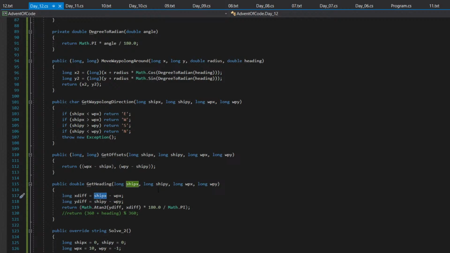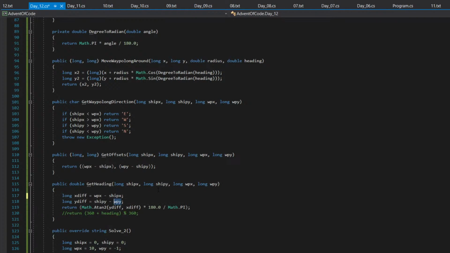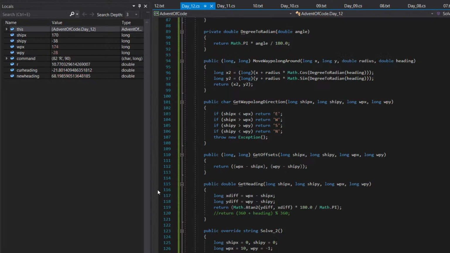Are we doing the correct difference? -21. So that's, yes. There we go. That looks nice.